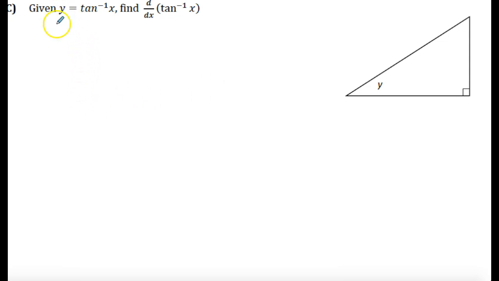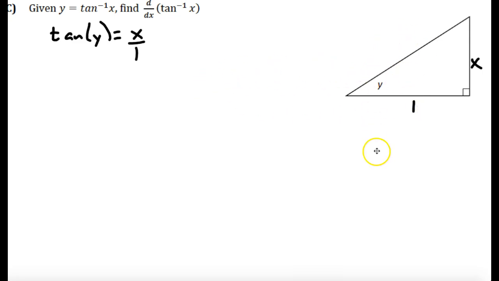Again, if I take the tangent of both sides here, I will end up with tangent of y equals tangent of the inverse tangent of x, which is just going to be x. So here, in my triangle, tangent we know is opposite over adjacent. So we're saying the opposite side is x, the adjacent side is 1.